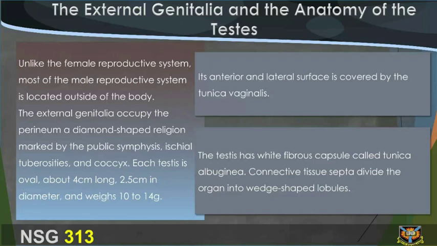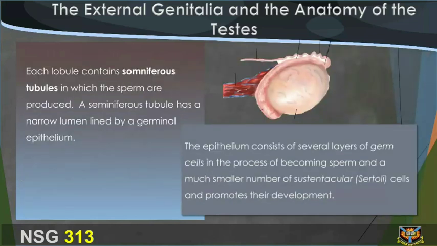Connective tissue septa divide the organ into wedge-shaped lobules. Each lobule contains seminiferous tubules in which the sperm are produced. A seminiferous tubule has a narrow lumen lined by a germinal epithelium. The epithelium consists of several layers of germ cells in the process of becoming sperm and a much smaller number of sustentacular, or Sertoli, cells, which promote their development.